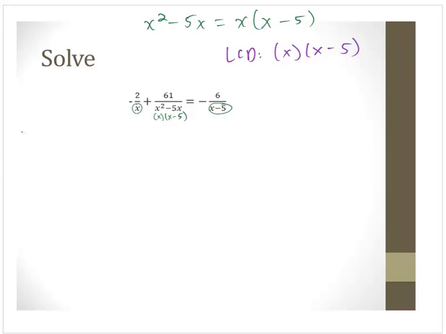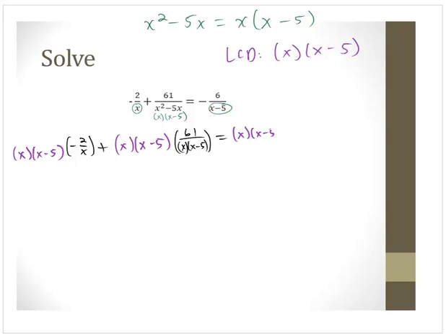Alright, so I'd have x times x minus 5 multiplying through times negative 2 over x, plus x times x minus 5 times 61 over x times x minus 5, I'm thinking of the factored form there, equals x times x minus 5 times negative 6 over x minus 5.